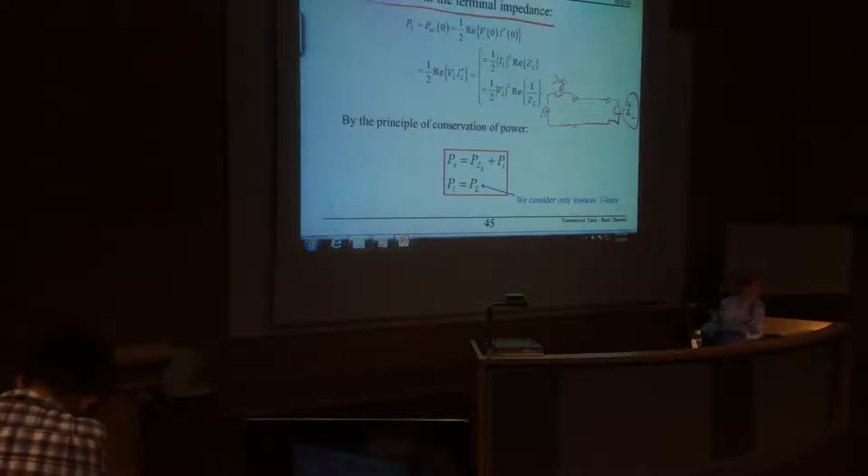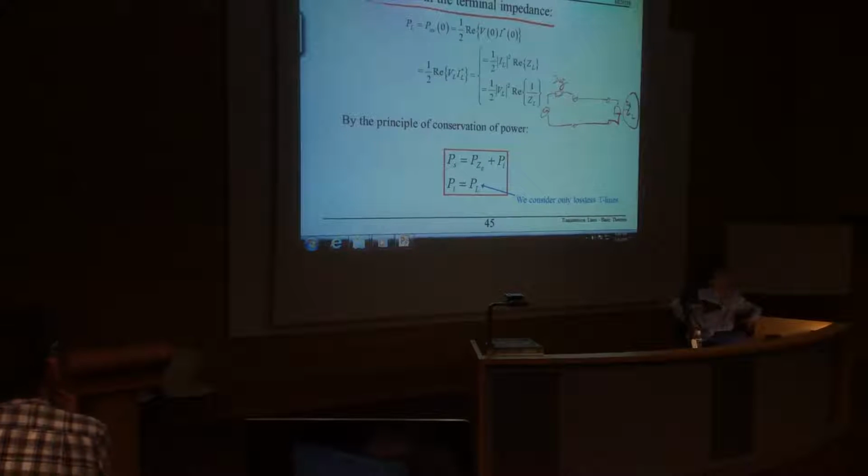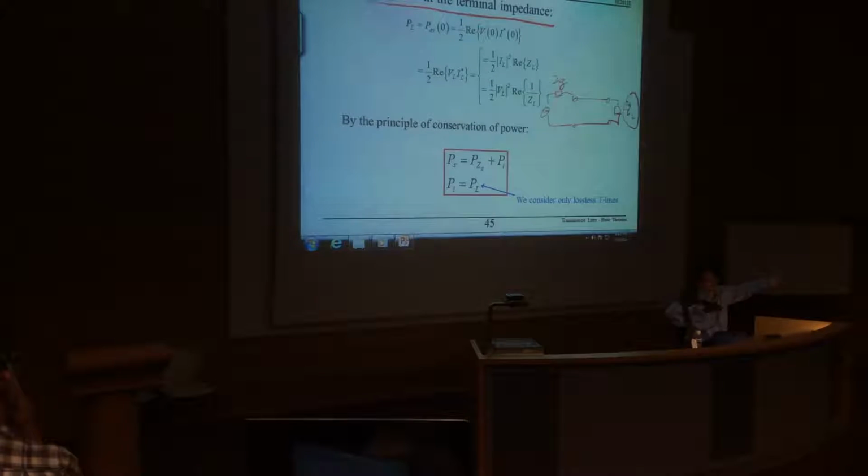Load means, for instance, an antenna. The transmitter links with the transmission line to the antenna, then the transmit power will be transmitted to free space. So dissipated in the terminal impedance means by this one.